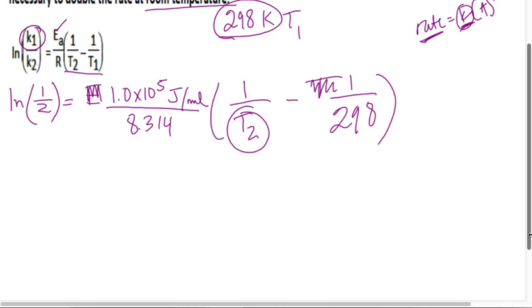There's a rule of thumb, and this shows you that the rule of thumb is bad when you see this. The rule of thumb says every 10 degrees you double the reaction rate. Sure. Let's see if that's true here.